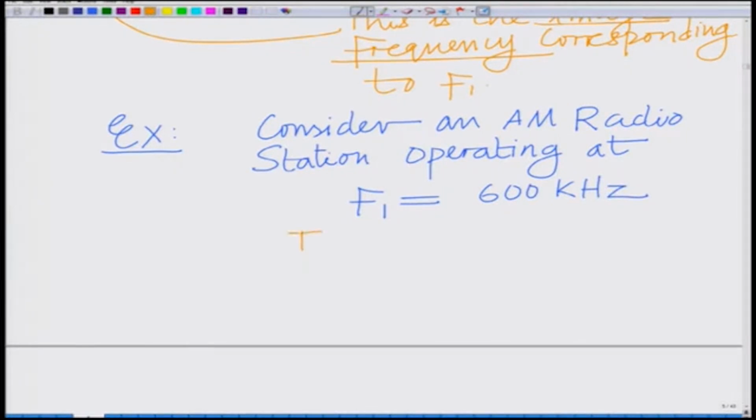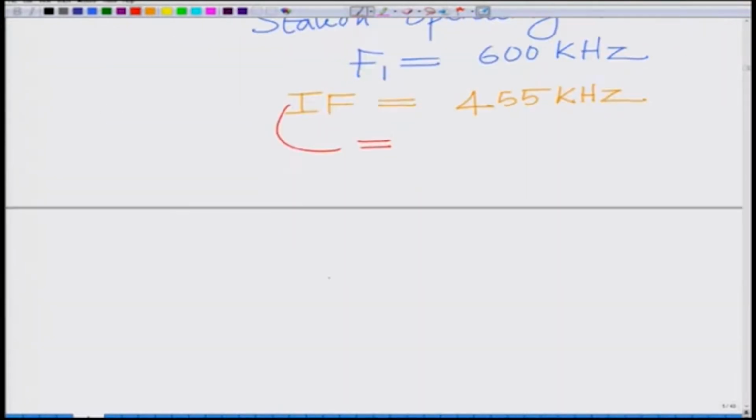We choose an intermediate frequency, IF, equals 455 kilohertz. Remember, IF stands for intermediate frequency, that is your f2.